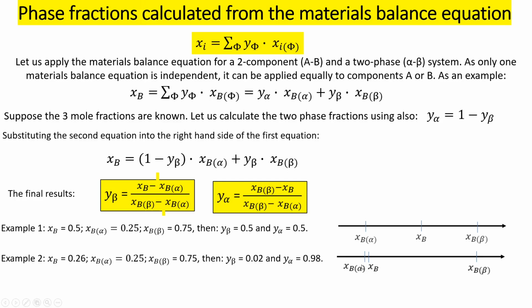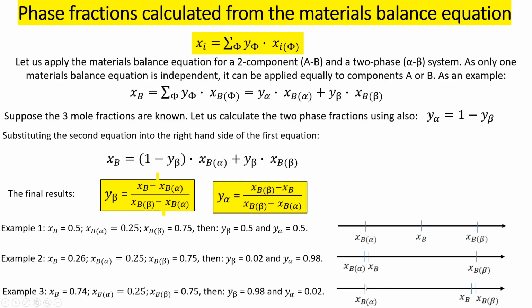Let me check it in example number 3, using exactly the same values for xb alpha 0.25, xb beta 0.75, but this time positioning this average xb close to the other phase, xb beta, selecting xb as 0.74, close to 0.75. Substituting to the equations, I get that this time y beta is 0.98 and y alpha is only 0.02.